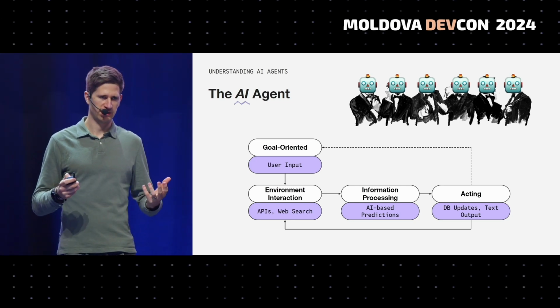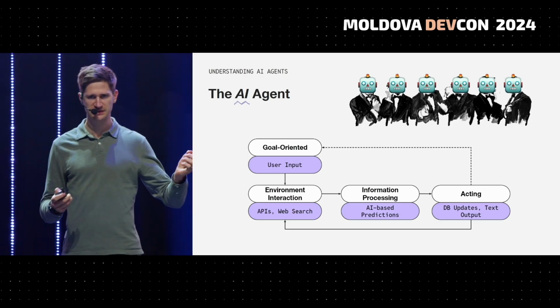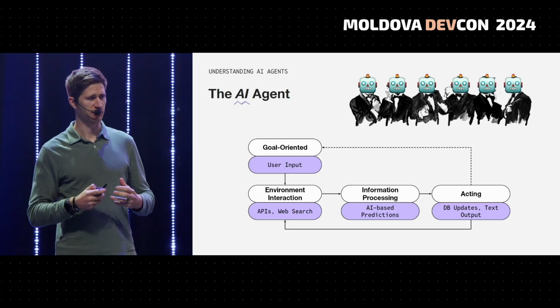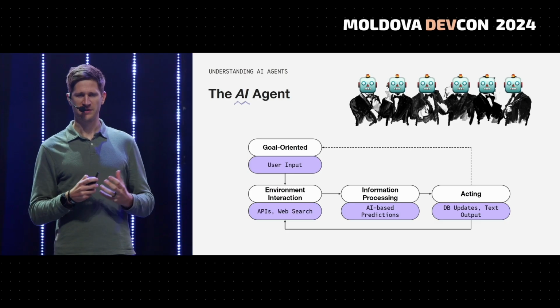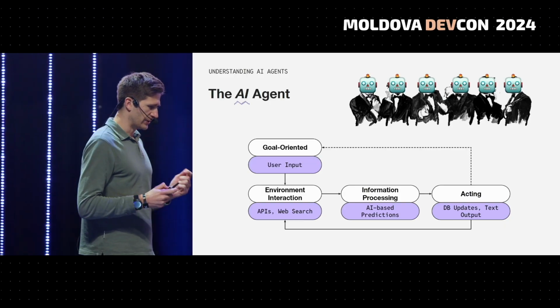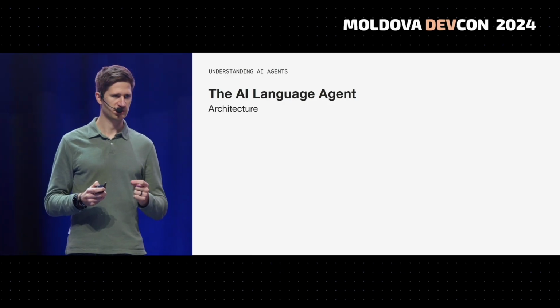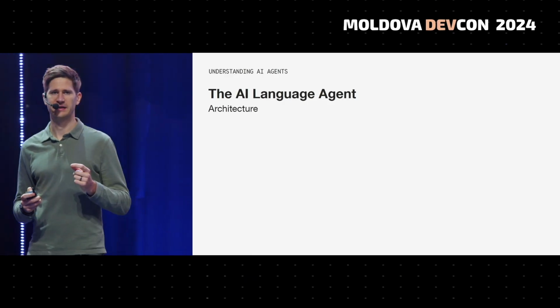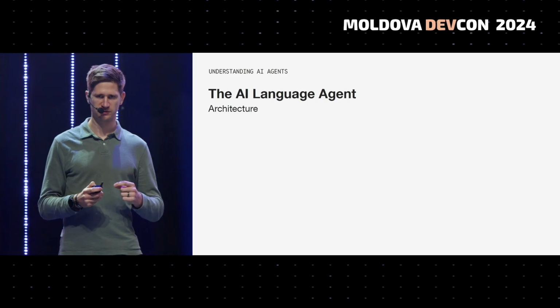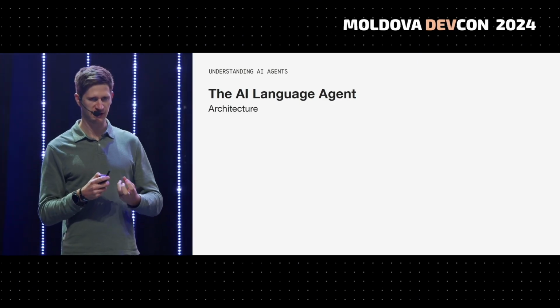And this is really not anything new, to be honest. AI has been around since the 1950s. We've had these agents around, they've been doing things, but they haven't really caught fire. The thing that I really want to talk about today is specifically AI language agents. And these are agents that leverage large language models as the information processing core of the agent.